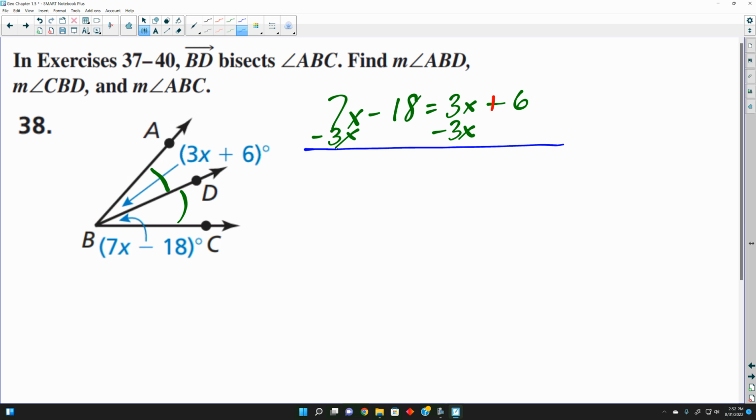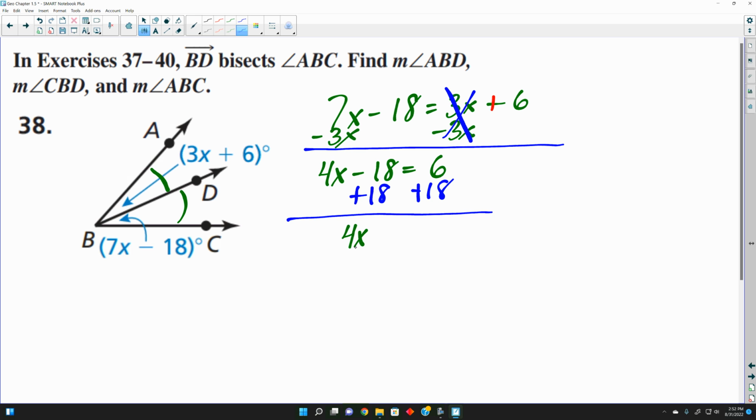Now for here, if we subtract 3x, these will cancel out, telling us that 7x minus 3x is 4x. Minus 18 is equal to 6. Almost. At 18, yes. No, you're good.